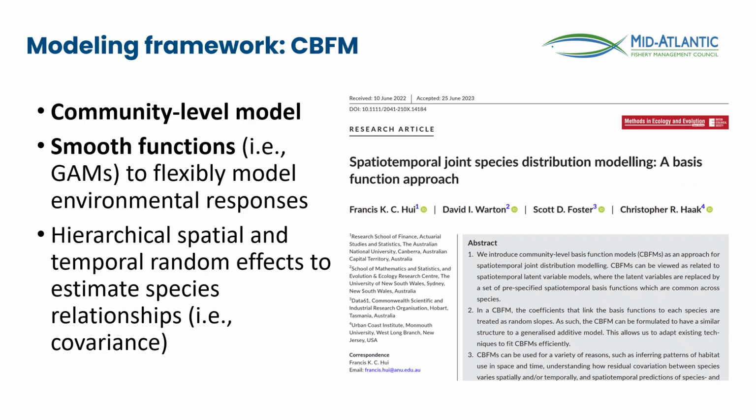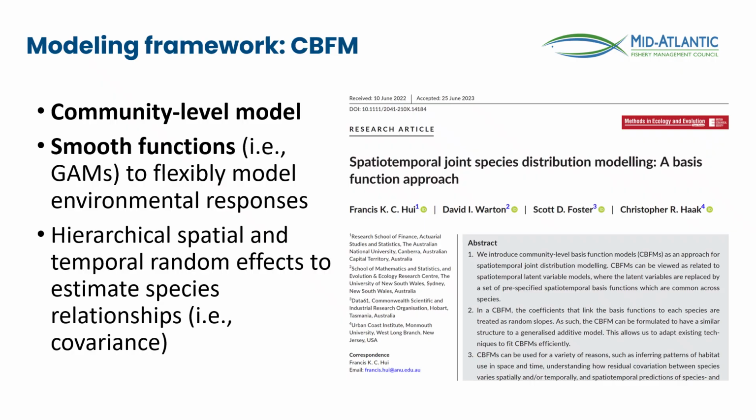With this in mind, for the EFH models, we employed a spatiotemporal joint SDM that approximates species responses to the environment as smooth functions, like a generalized additive model, or GAM, allowing for realistic, nonlinear, niche responses without imposing strong assumptions on the shape of their relationship.